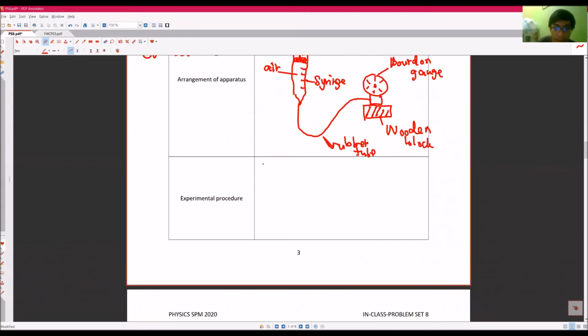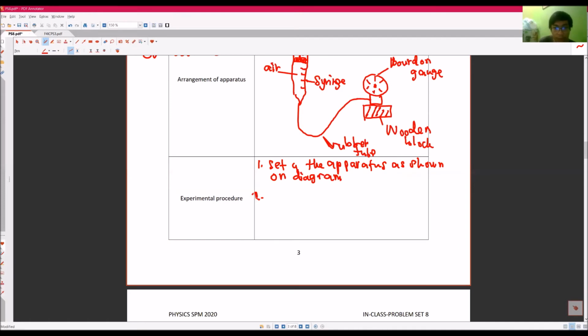For the experimental procedure, like usual, number 1, you first set up the apparatus as shown in the diagram.